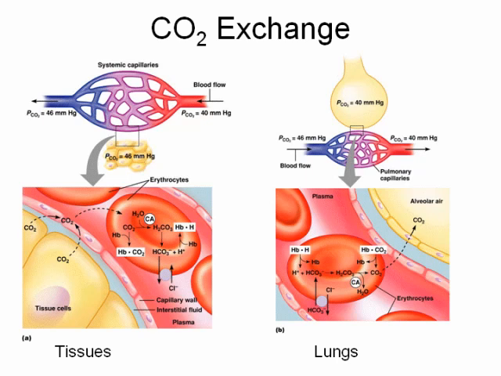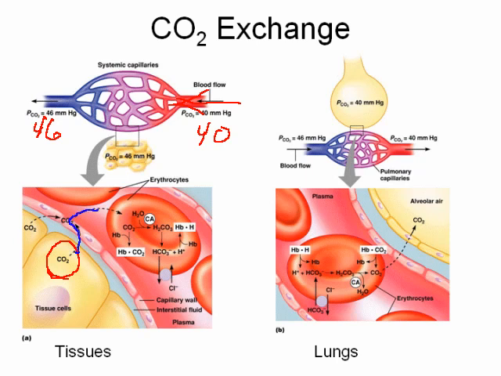So let's look at CO2 exchange. We have CO2 being produced in the tissue, blood coming in. Of course, the partial pressure of CO2 in the arterial blood is about 40. As it's leaving, it's 45, 46 millimeters of mercury, because we have the tissue producing lots of CO2.